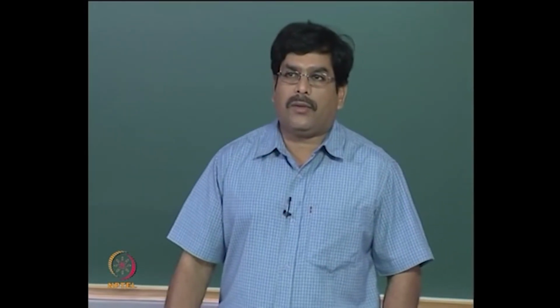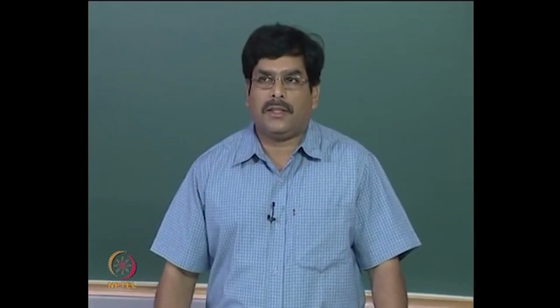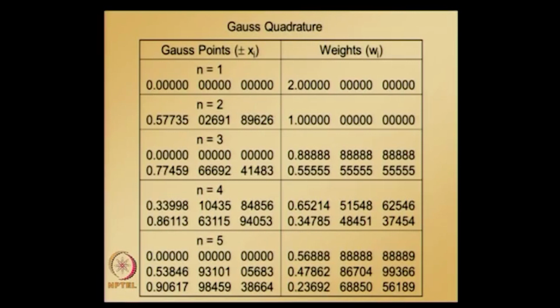When n equal to 2 is selected, you can see from the table that the Gauss point coordinate is given as 0.57735, then a space, then 02691, again a space, then 89626.